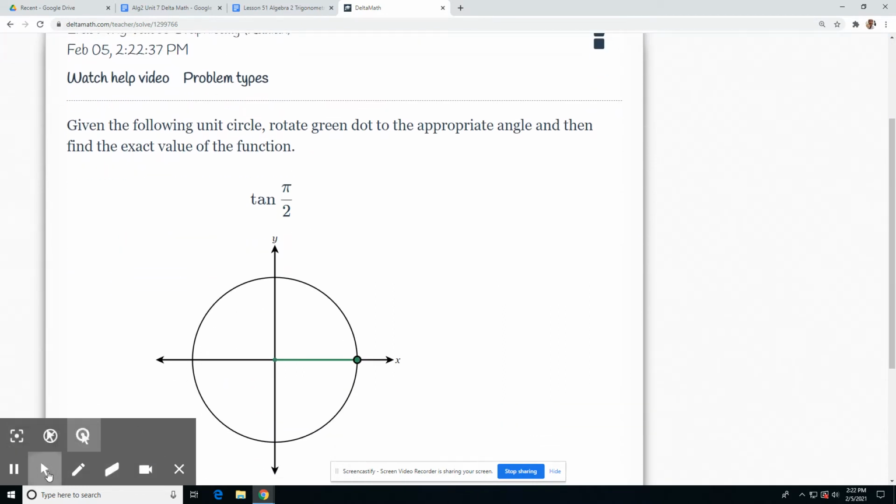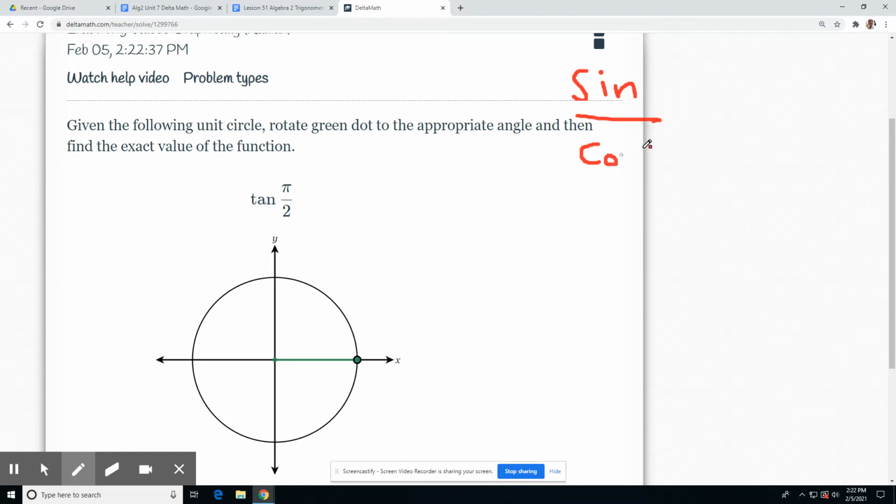All right. Tangent of pi over 2. Okay, I think I'm starting to figure out what they want here. So sine over cosine, y over x, is what tangent is equal to.